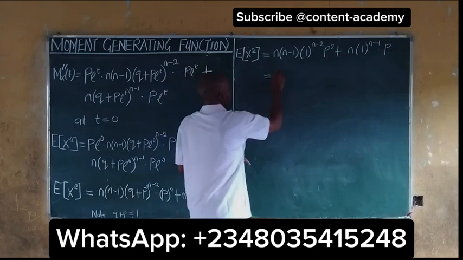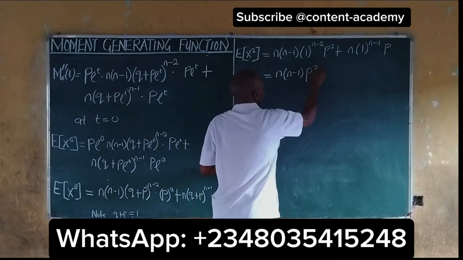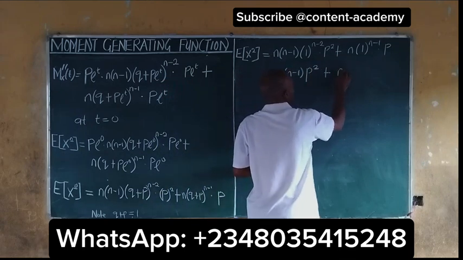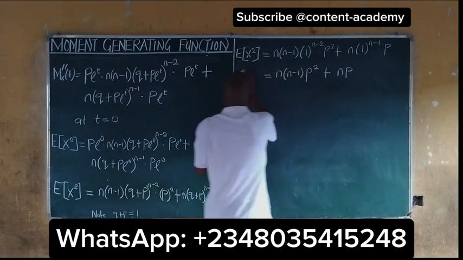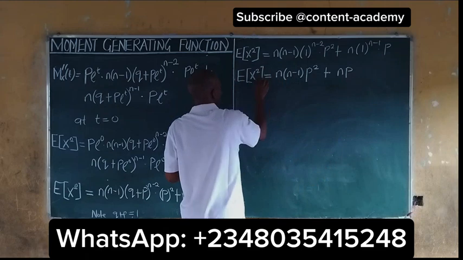So we have n into n minus 1 p squared plus np. So this is what we have for our expected value of x squared.